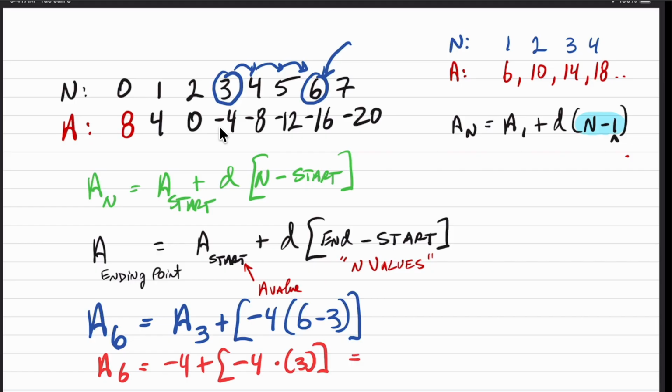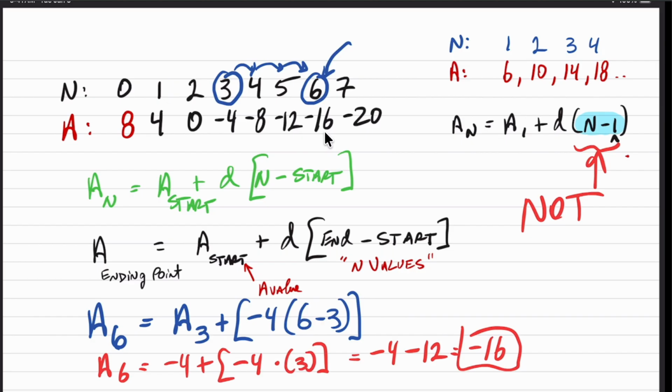So this is going to be negative 4 minus 12, otherwise known as negative 16. So if we're correct, then the amount at position 6 should be negative 16, and indeed it is. This value here, that in parentheses, is not always n minus 1. It depends where you start.